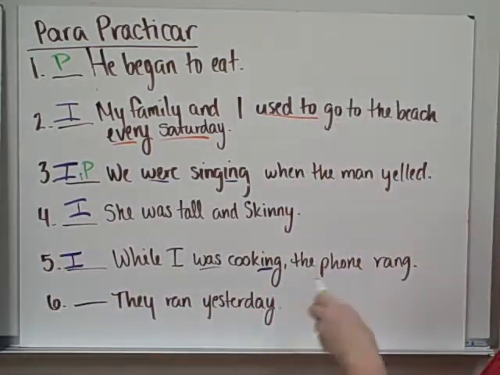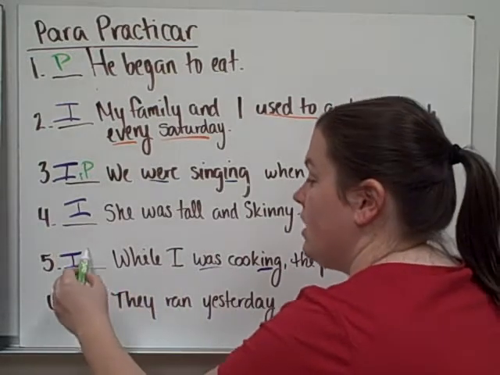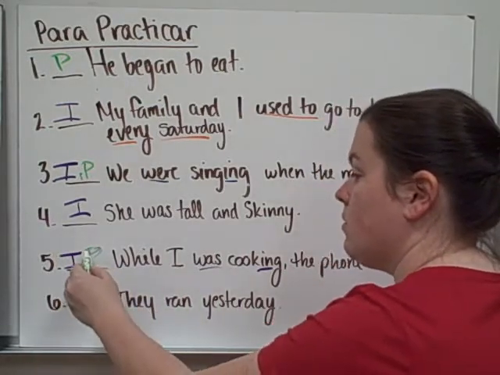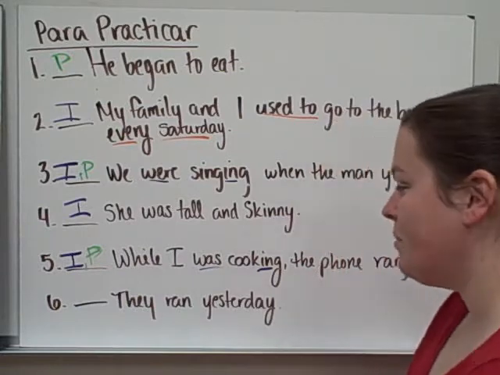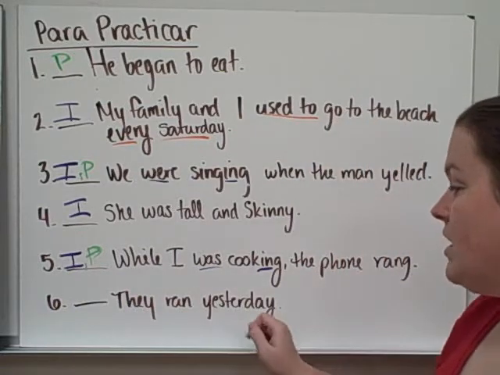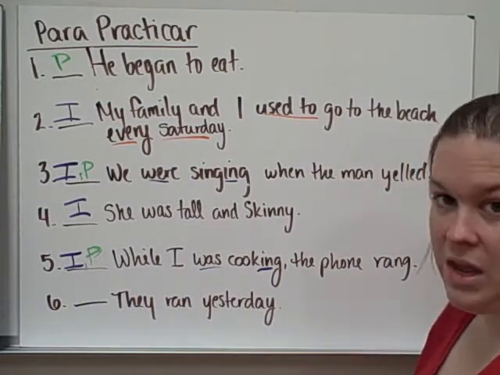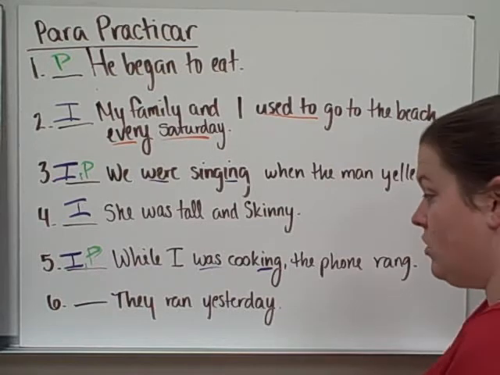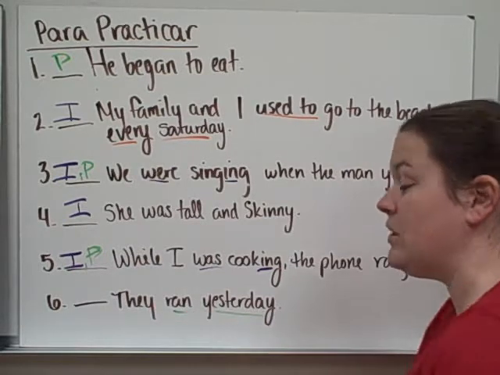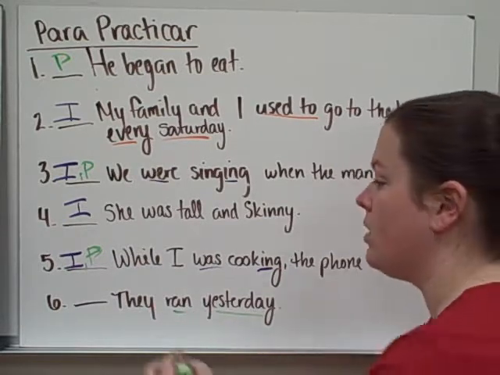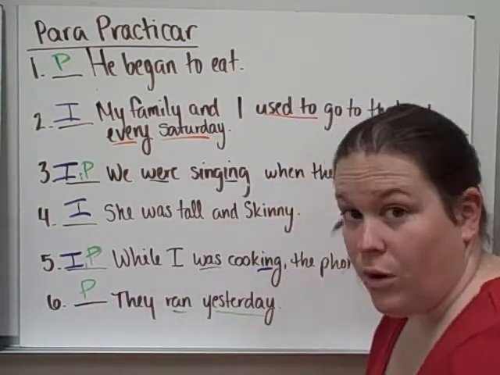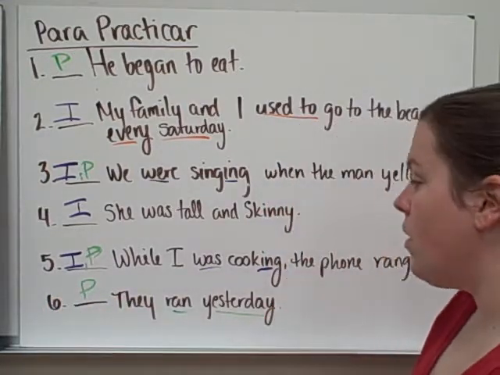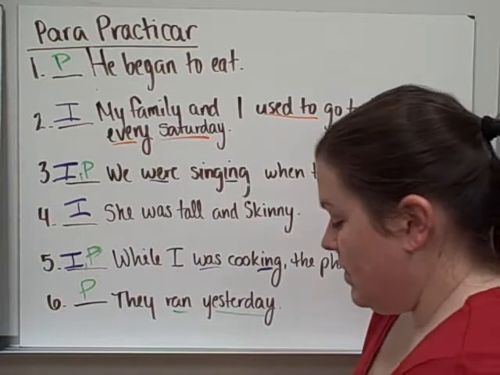The interrupting action, the phone rang, done, completed action. That's preterite. Last one, they ran yesterday. Ran. That's a completed action. And yesterday specifies exactly what time they ran, or the time frame that they ran, the day before. Preterite. Now we can write these in sentences.